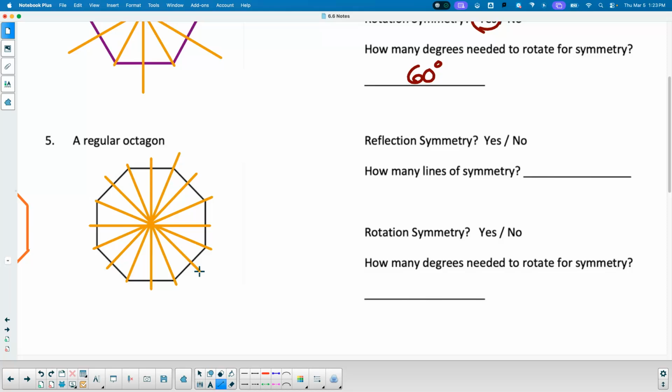Eight of them. So we have 8 times that we would click it around. Degree. Yep. How much? 45. 45?